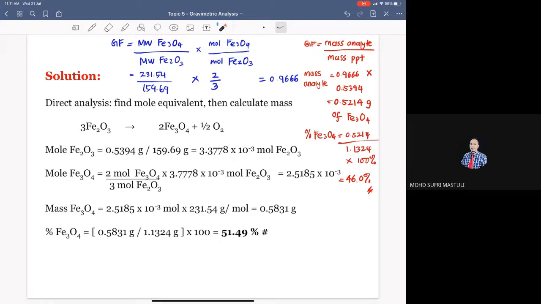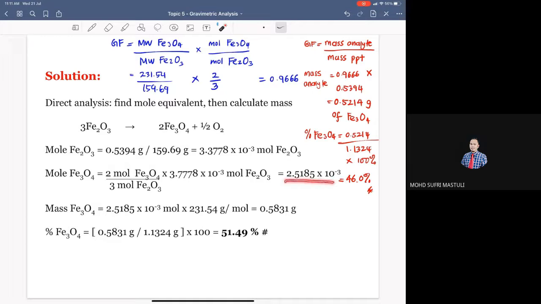And then you know the relationship between Fe3O4 and Fe2O3, 3 mole, 2 mole, and then you can obtain the mole of Fe3O4.